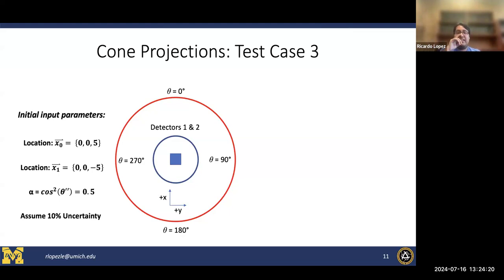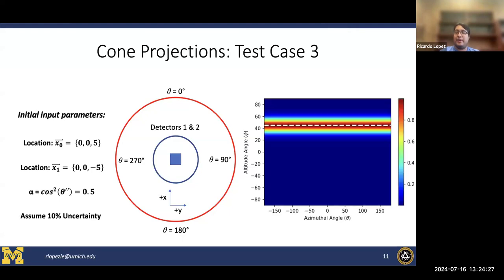What this would mean is that the cone still has a 45-degree opening angle, but the resulting projection is going to look a bit weird if you aren't very accustomed to seeing a lot of these spherical-like images in this spherical coordinate space. Here, I'm showing the resulting cone is actually just a horizontal line in this case at 45 degrees. The 45 degrees should make sense since that is the particular opening angle of the cone.